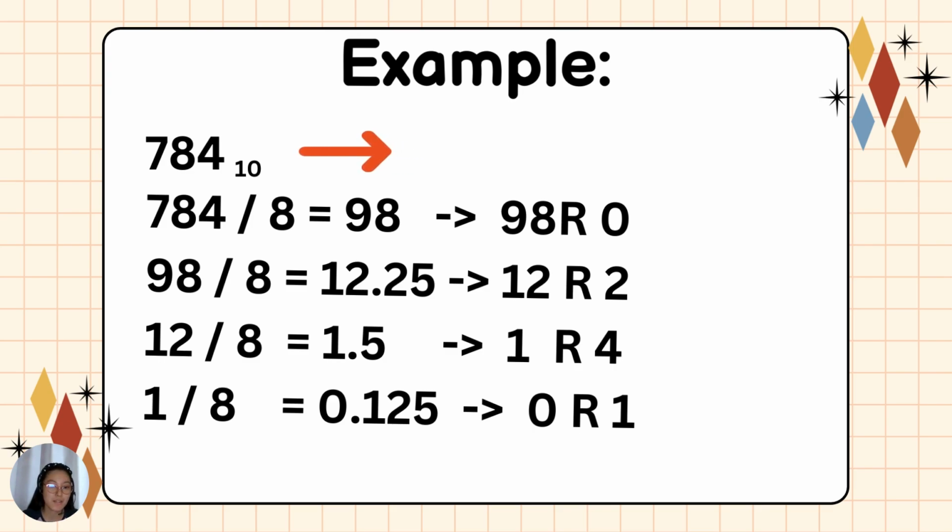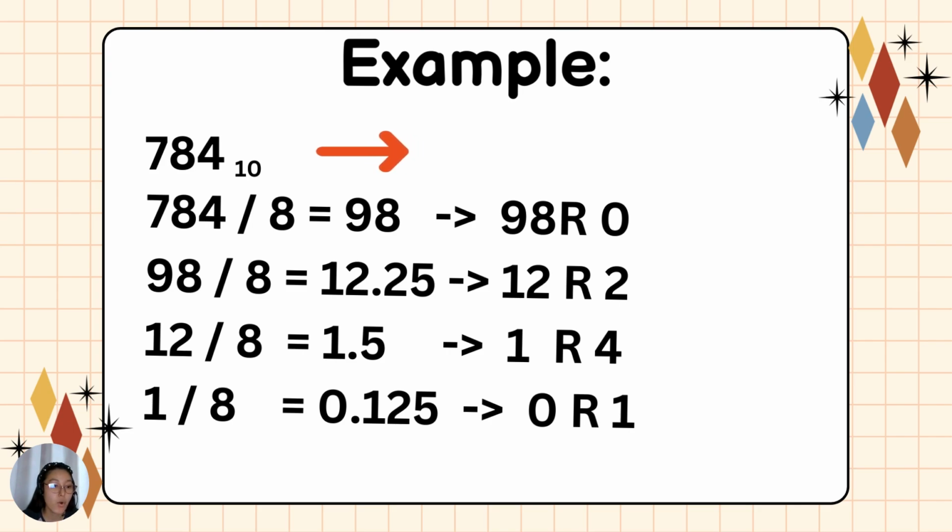Okay? So we will copy again the 12, the whole number. 12 divided by 8 equals 1.5. Then we will copy first the whole number, which is 1, and then for the remainder, 8 times 0.5, which is 4. So 1 remainder 4.